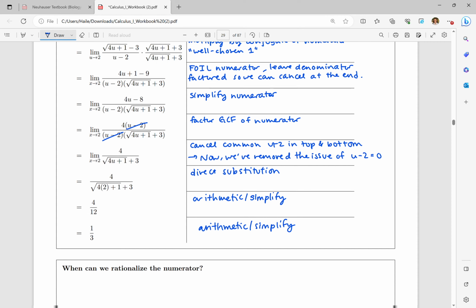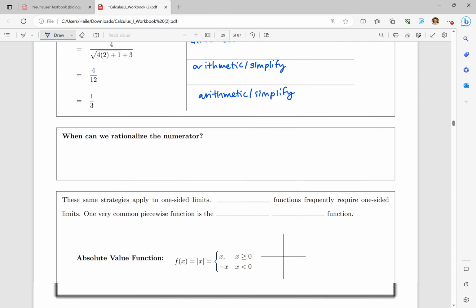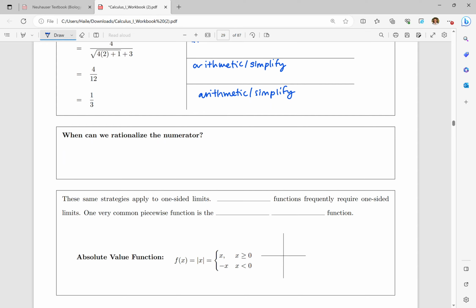Okay, so let's summarize. When can we rationalize the numerator? What features in our problem are we looking for? Well, maybe we should say it like this.